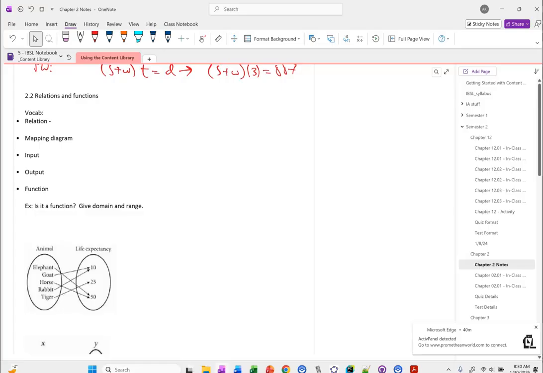One output. Okay, so all members of the domain are covered, right? And each member of the domain is paired with exactly one member of the range. So there's two things that we need to worry about, right?